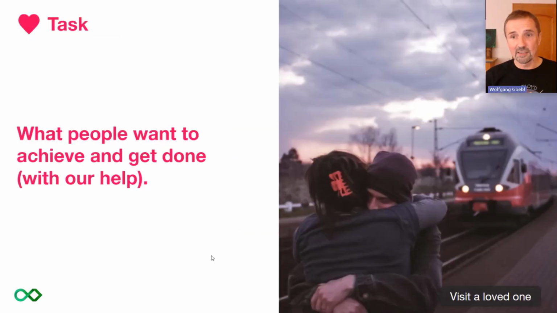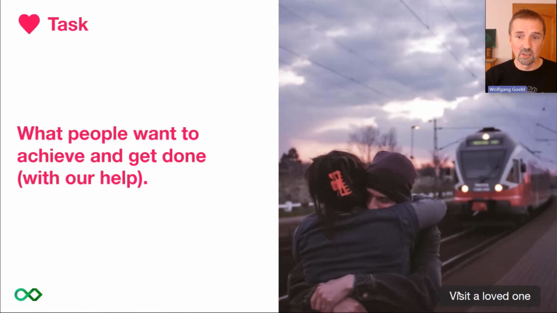And then task, so now we go to the red facet. The task is an outcome element. That's what this guy here wants: to visit his girlfriend in another city. And so that's the task. I want to visit my loved one. And if this railway company is lucky enough, he buys a ticket and uses this product, and the train company needs this capability to perform this product.